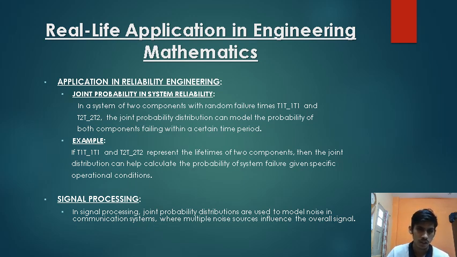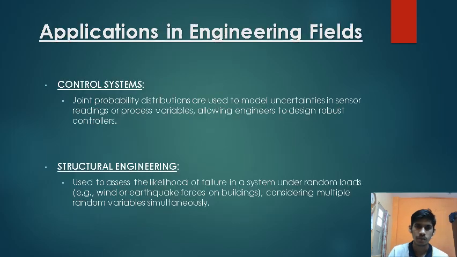Okay, signal processing. In signal processing, joint probability distributions are used to model noise in communication systems where multiple noise sources influence the overall signal. Okay, proceed to the next slide. And these are applications in engineering fields.